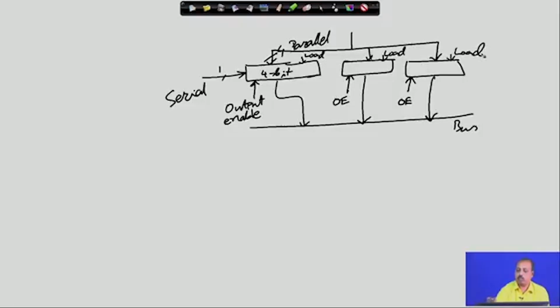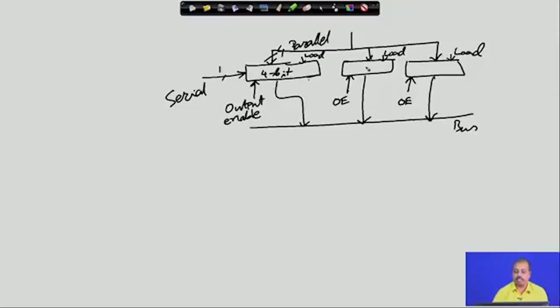Using this load signal, the values should be loaded into the register. So, if I put a value onto this input bus and give the load signal to the first register, then the value should be loaded into the first register. If I give the load signal to the second register, then the value should be loaded in the second register. That sort of facility is needed.